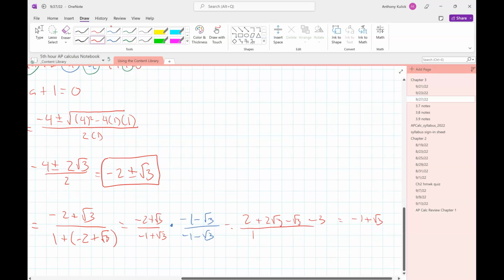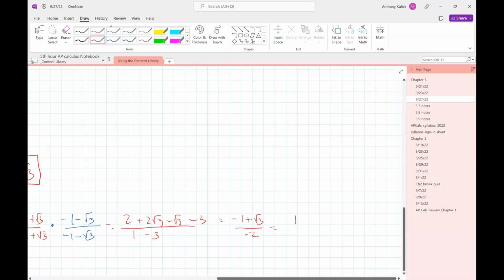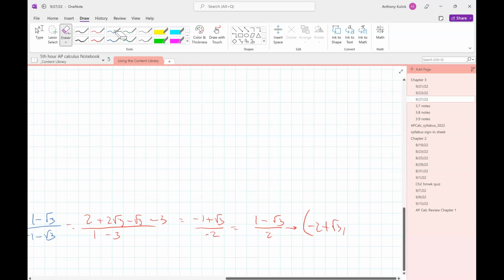And the bottom, I'm going to have 1 minus 3, so that's -2. So that's going to become 1 minus root 3 over 2. So there's one answer.